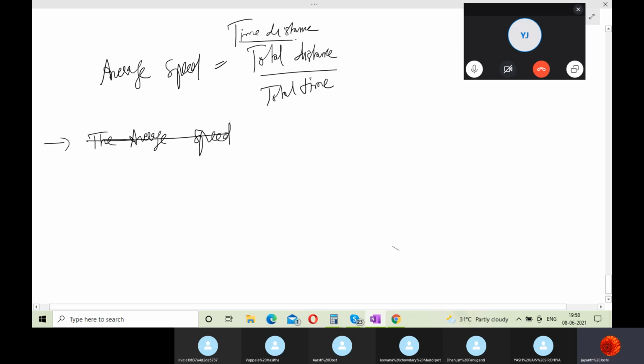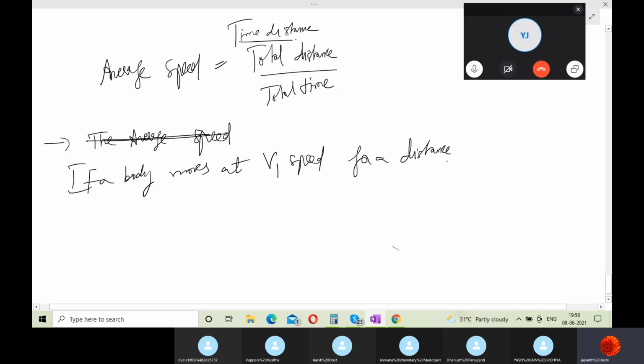Okay, let me give you a statement. If a body moves at v1 speed for a distance and at v2 speed for the same distance, that means there are two different speeds.